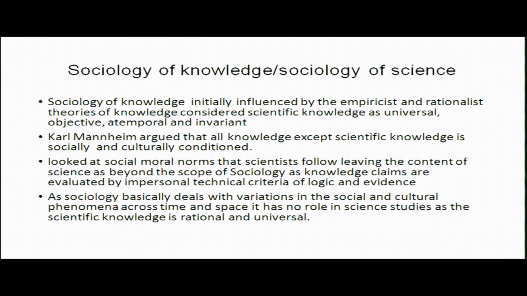And Robert Merton, a pioneer in looking at the institution of science in the United States, looked at the social moral norms that scientists follow, leaving the content of science as beyond the scope of sociology, as knowledge claims are evaluated by impersonal technical criteria of logic and evidence, and these criteria are universal.